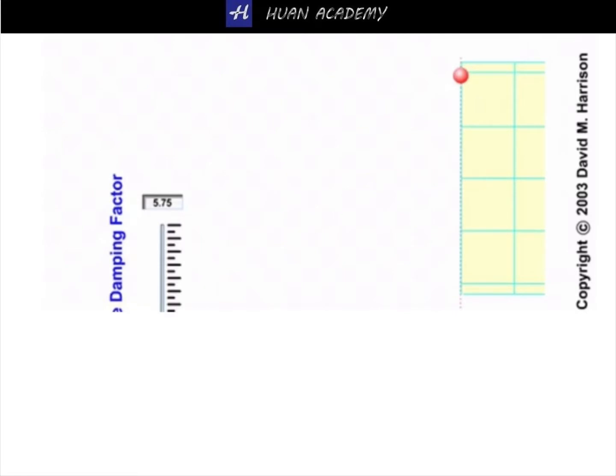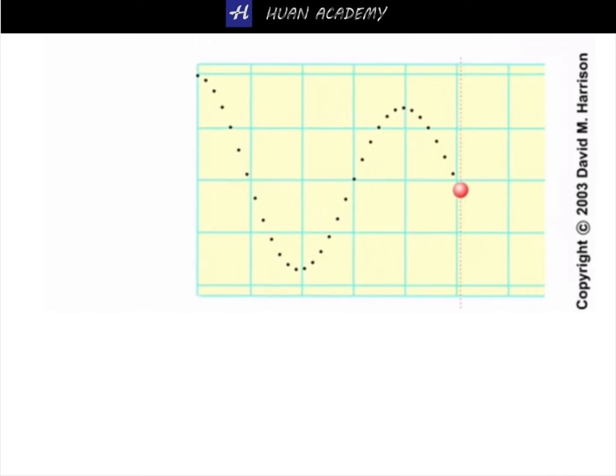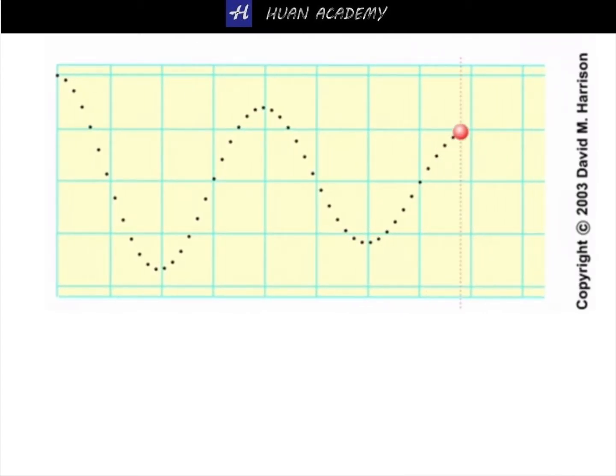Okay, how does damping affect the frequency? Let's try to study the graph of displacement versus time for a damping system. In this case, we have a vertical axis which is displacement and the horizontal axis which is time. As you can see, we can take the period from this graph.